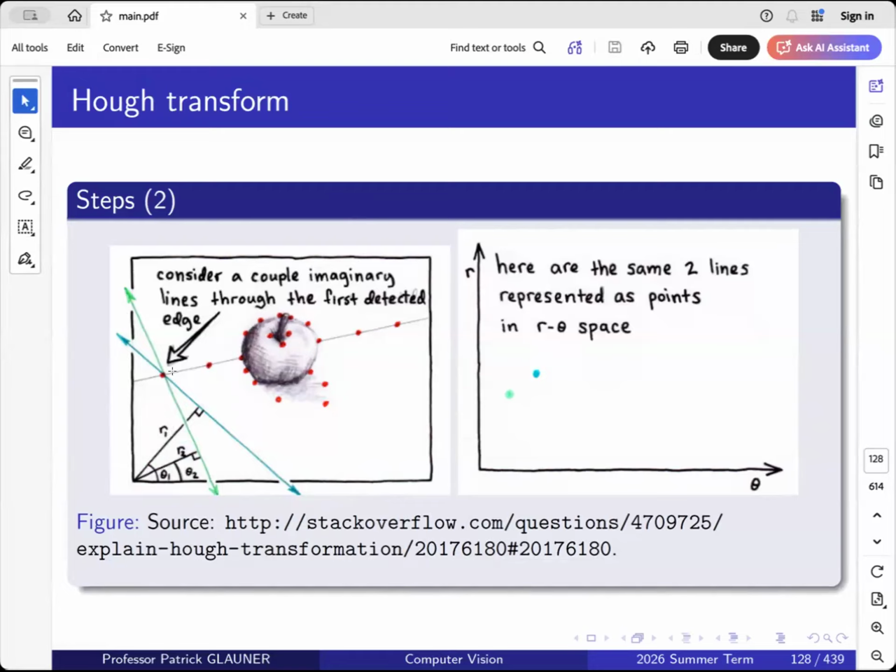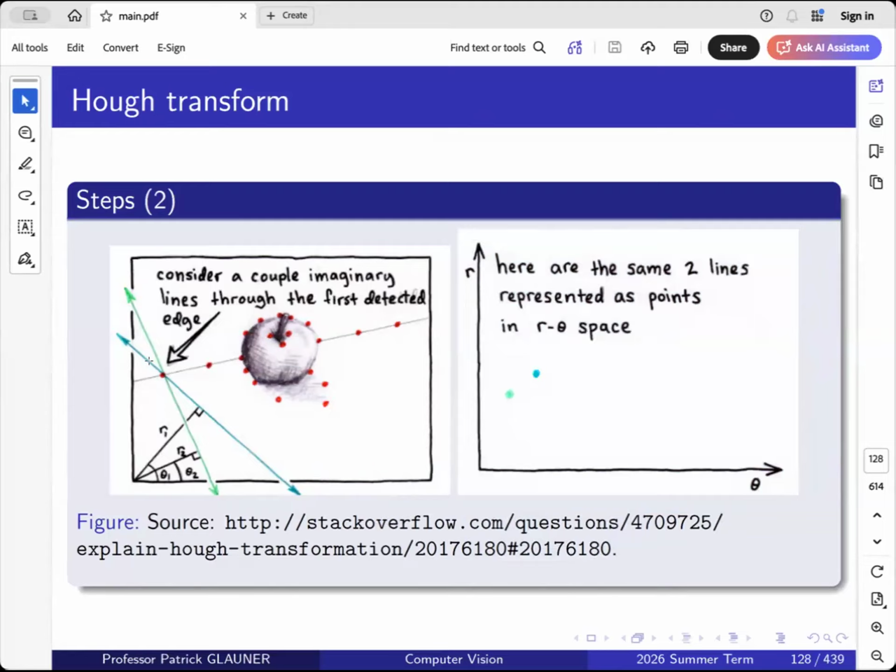So, I'm doing this only for the first point of the edge at the moment. I'm putting a lot of different straight lines. And for each line, I have an R and a theta. Now I want to represent the green line and the blue line as a point in R theta space. So I have a new plot here, which is in R theta space.